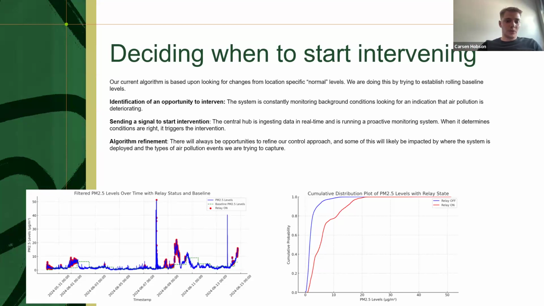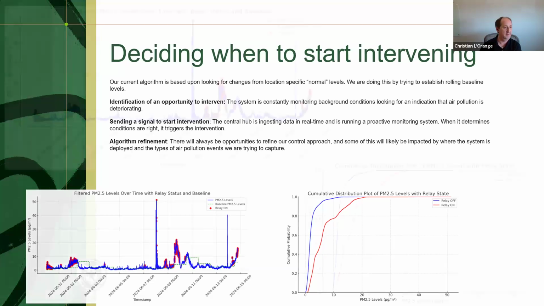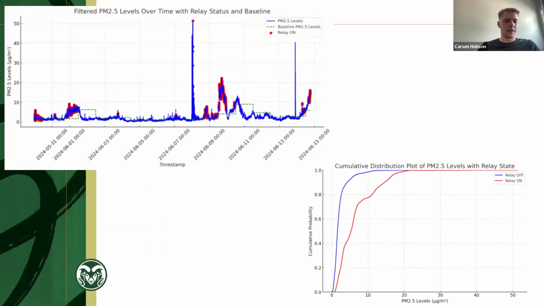We just ran a 2-week test on this algorithm, and you can see in the bottom left is a graph. The blue is the PM 2.5 levels. If you wait for just a minute, Carson, I think it's bigger on the next slide. So the top left, blue's PM 2.5 levels, and all the red dots are when the intervention would have occurred.